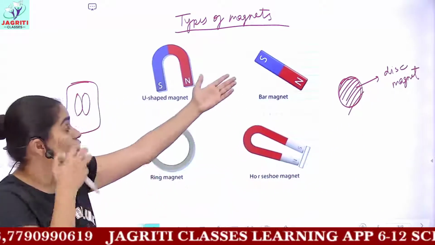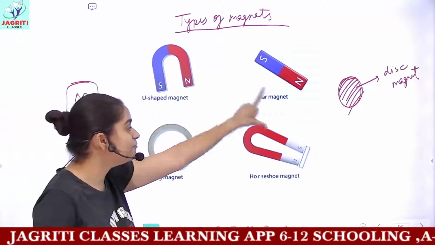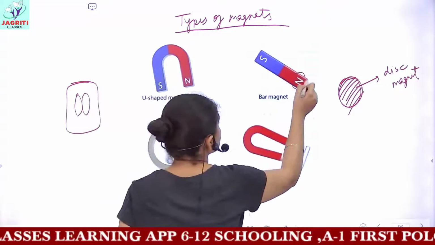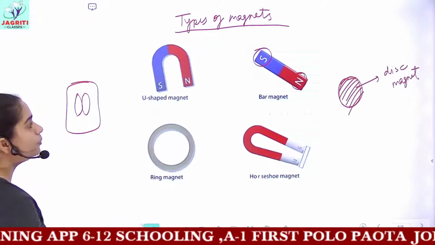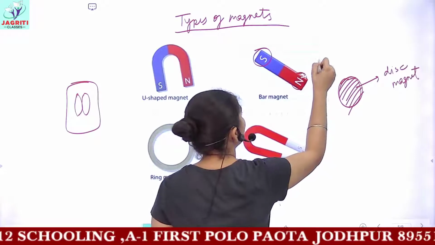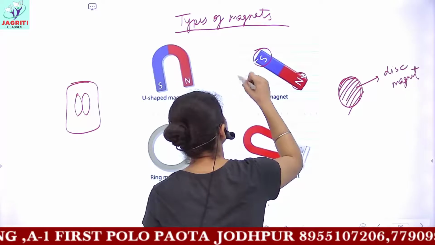Okay, so the most common one which we'll be studying is the bar magnet here. You should remember that every magnet, whatever shape it has, always has two poles, that is the north and the south pole. So we have two poles present in our magnet. This is the north pole and this one is the south pole.